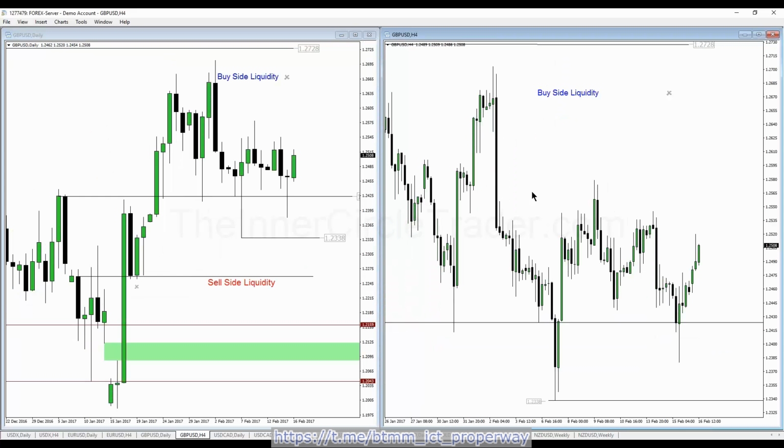Cable continues to be perplexing for me. It's stuck in this range, like I said it would be in a worst case scenario. It hasn't really shown anything here yet, been chopped up. I know some of you have sent me emails about being short in this pair, questioning why I felt we could go higher, and some of you went long in this pair and had to sit through yesterday's movement.